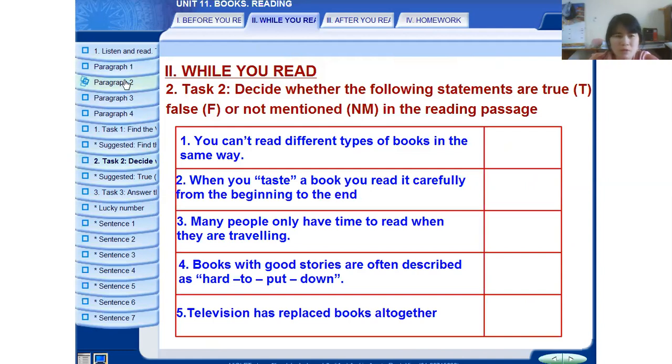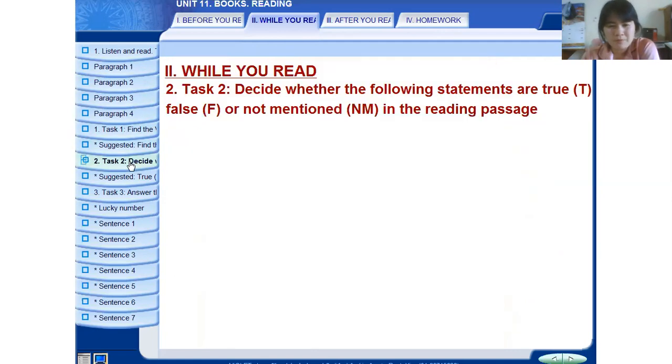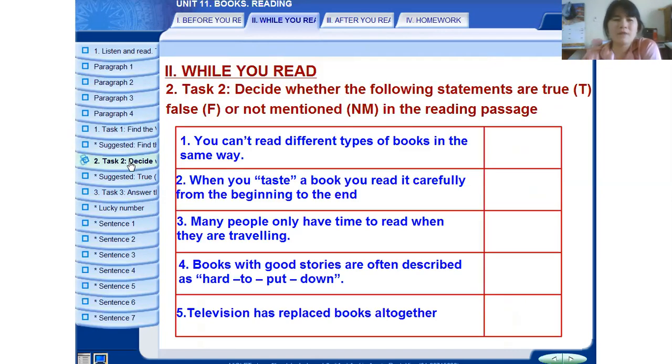Have time to read, you can locate where. Yes, you see, imagine you are on holiday, it's a good time to enjoy. Only have time when they are traveling, correct? A book with a good story is often hard to put down.